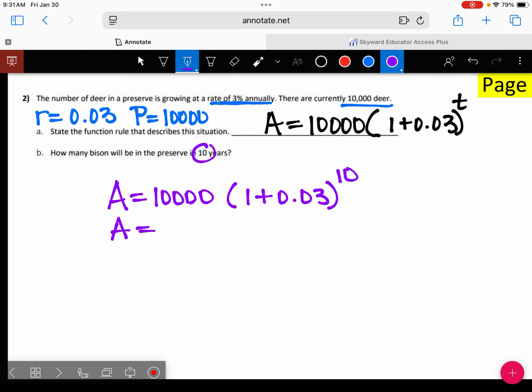The unit is deer. Even though they changed it to a bison, that should be deer. I'm going to try to remember to change that for next year. So we get 13,439 deer. Who had that answer?